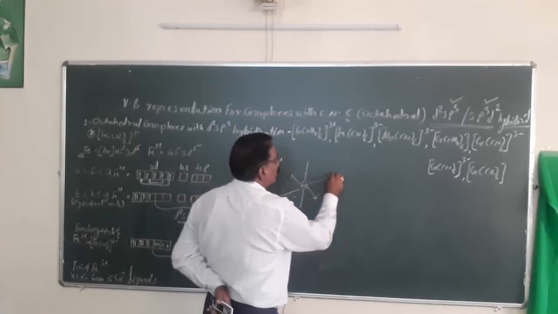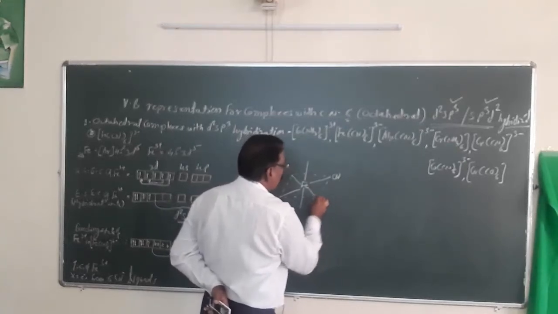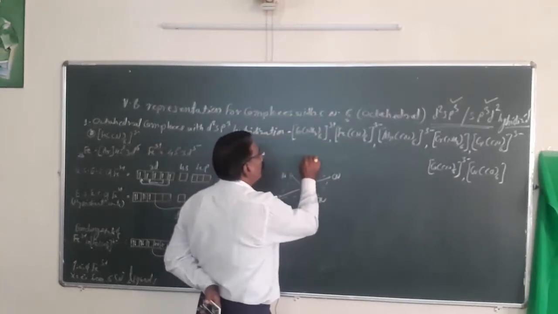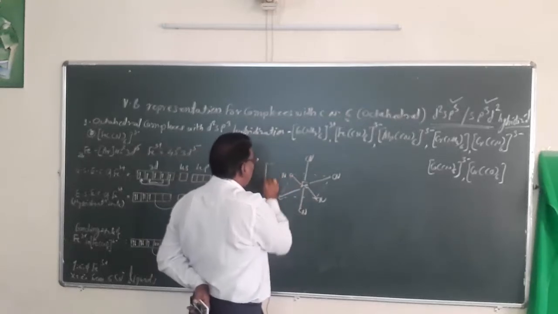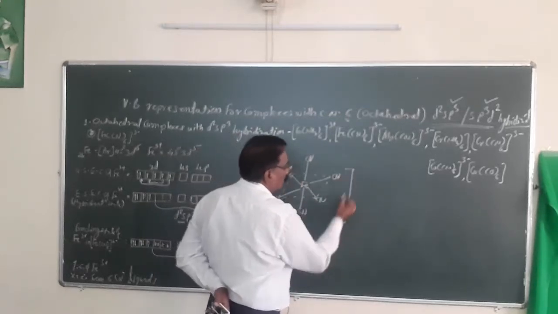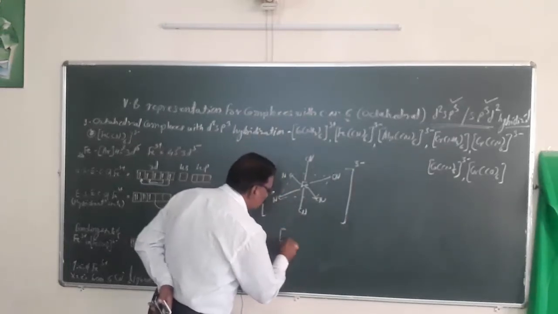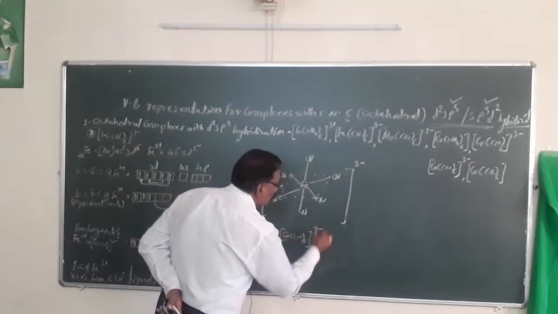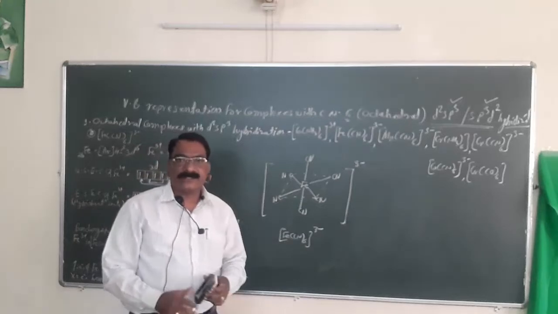Out of those, these 4 ligands and the metal atom are in the same plane. One is above the plane and one is below the plane, and thus we have the complex with 3 minus charge, that is the [Fe(CN)6]3- structure, which is called the octahedral structure.